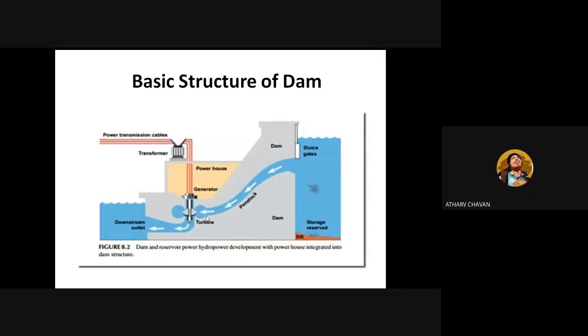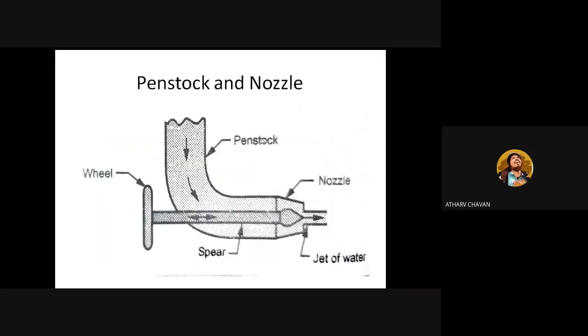The turbine eventually rotates, producing mechanical energy, which is converted into electrical energy and then transmitted to the power transmission cables, and the remaining water is let out to the downstream outlet. So this is the basic structure of the dam. This we have studied in our lower classes also. The only thing which changes in the Pelton turbine is the penstock assembly and the turbine assembly. This we are going to study further in detail.